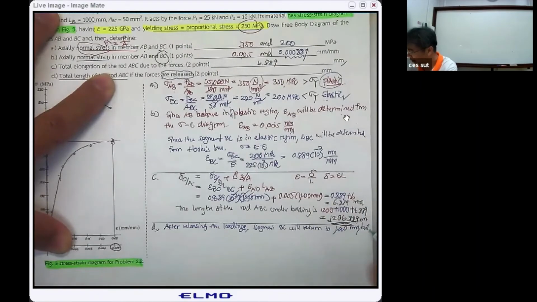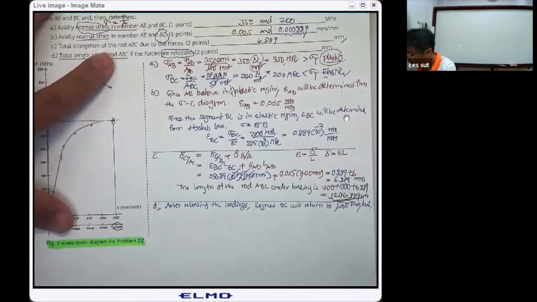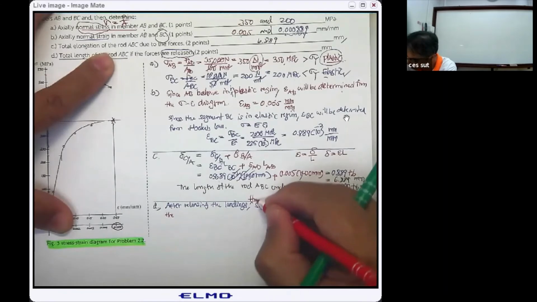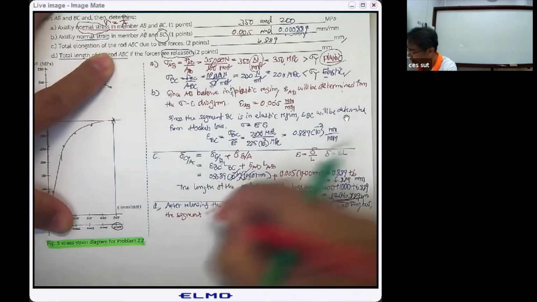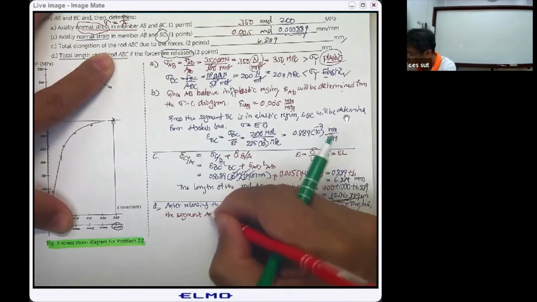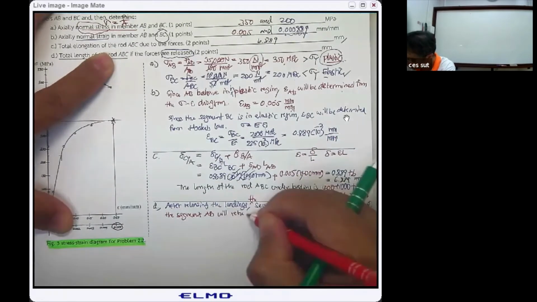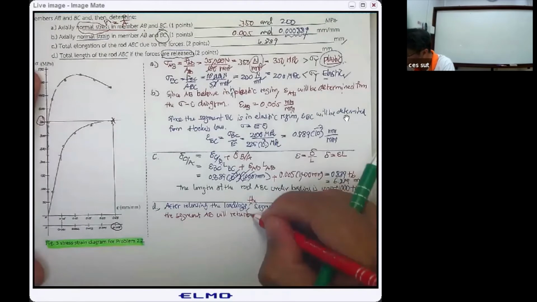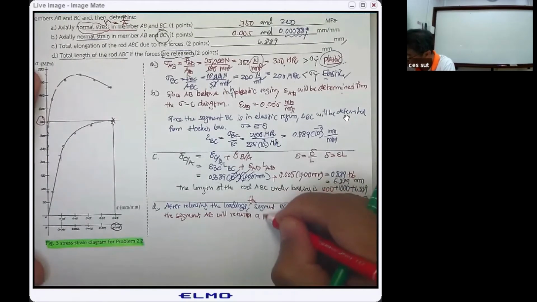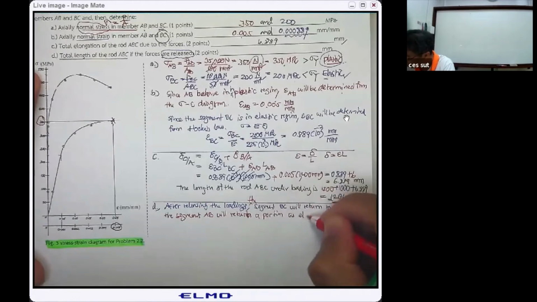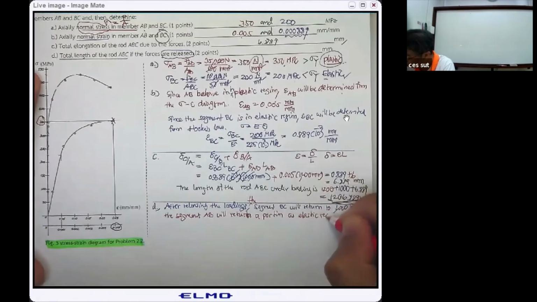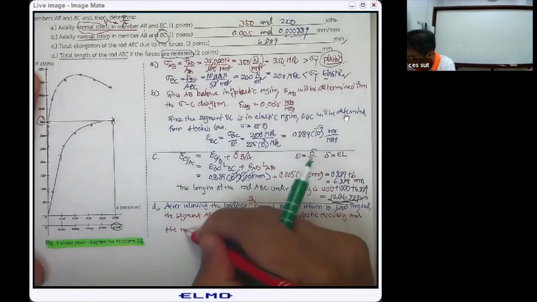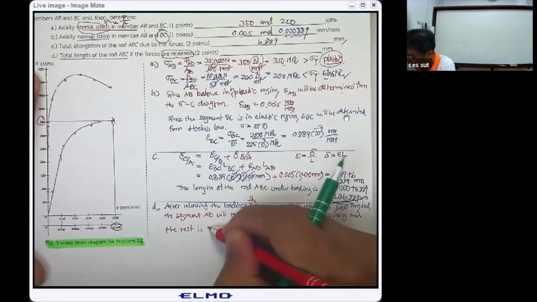But segment AB will return a portion as elastic recovery, and the rest is permanent set.